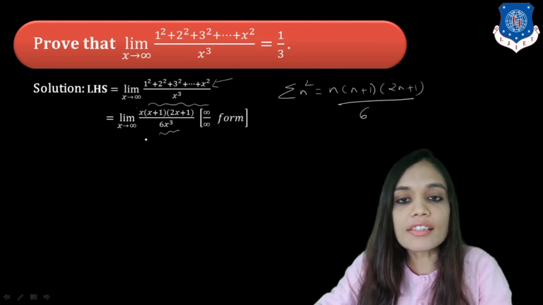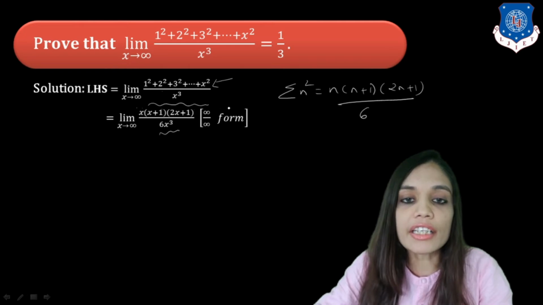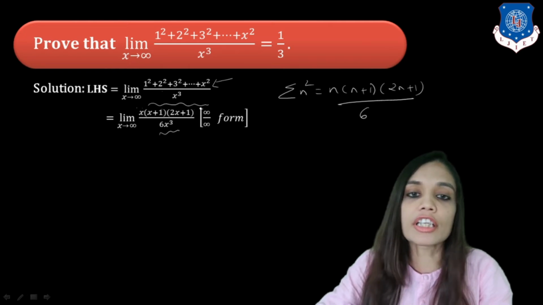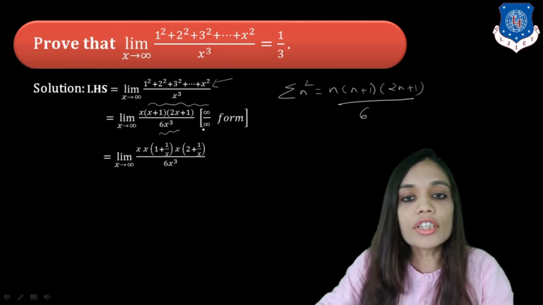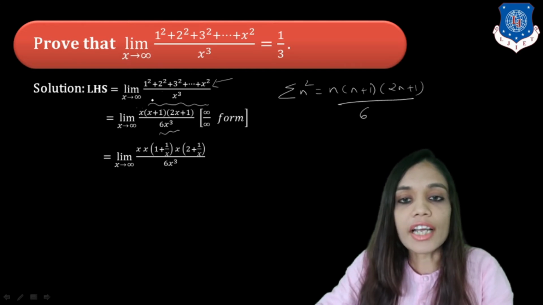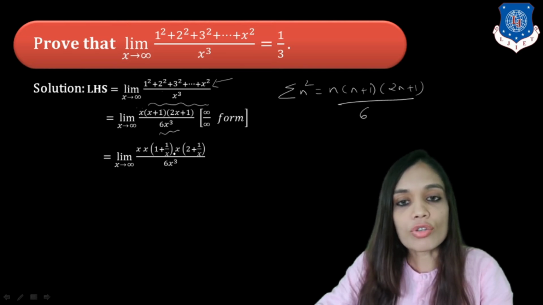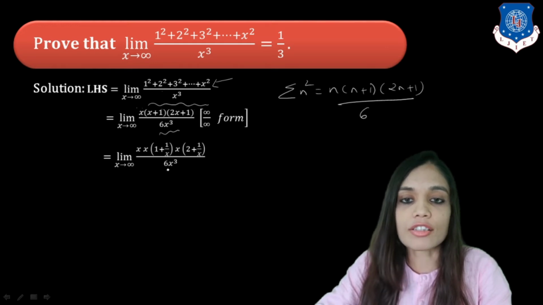Now if you put x is equal to infinity, we are getting infinity by infinity form. Now instead of applying L'Hopital's rule, we will do some other technique. That is, we will take x common from each term. So what will happen? x into 1 plus 1 upon x. Here to take out x common. So x into 2 plus 1 upon x upon 6x cube.